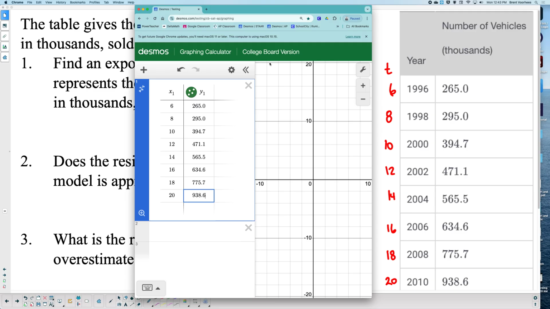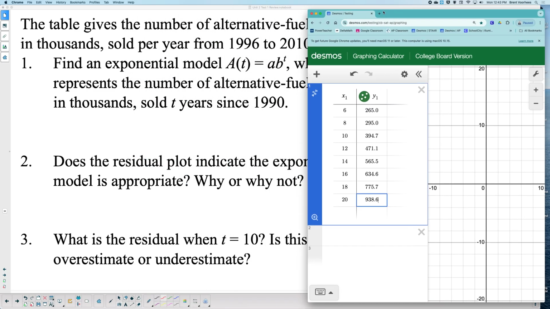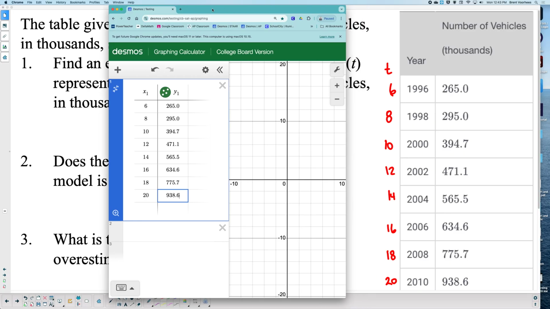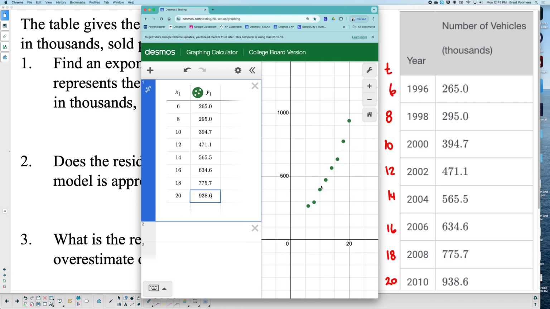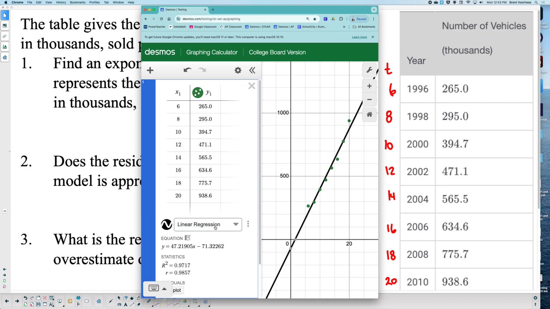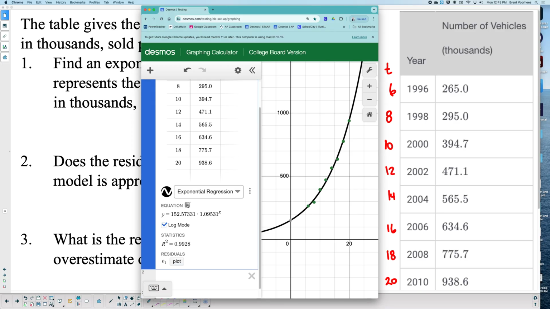It told us to find the exponential model. So when you type this in, the 2 things I would recommend you do, number 1, zoom fit your data. That shows you the actual scatter plot. And then do the regression. It said an exponential regression. So choose exponential. I'm getting this equation, 0.9928 as my r squared. Are you all getting the same values? Make sure I didn't type anything wrong. Is that a good value or bad value? It's a good value. It's really good. What's a perfect value? 1. So yeah, this is really good right there.